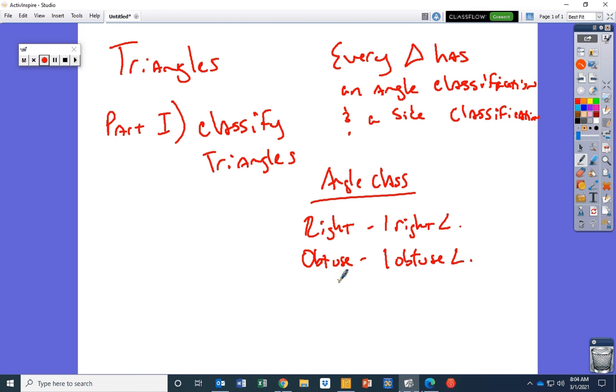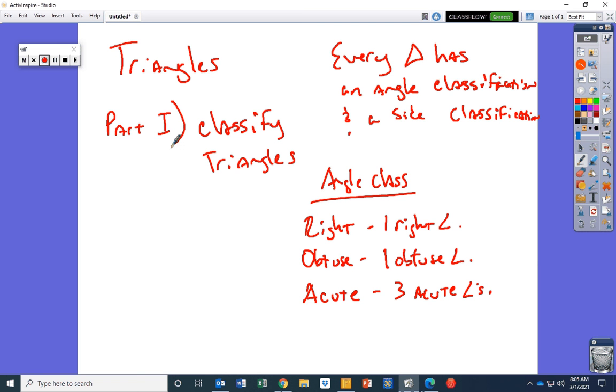What's the last one? Macy? Acute, good. An acute triangle has three acute angles. So when you classify a triangle, you're going to say it's either right, obtuse, or acute. Does that make sense so far?